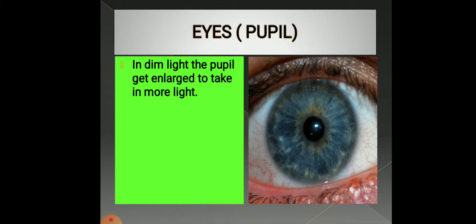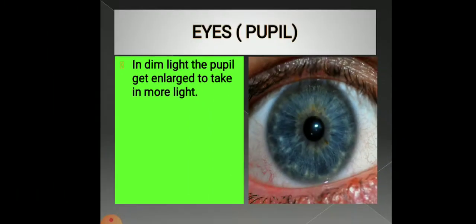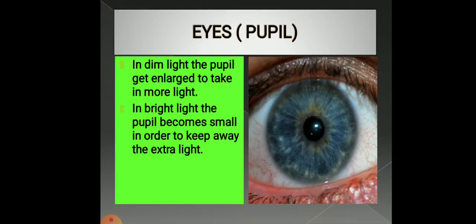In dim light, the pupil gets enlarged to take in more light. जब रात का टाइम होता है, बहुत कम लाइट होती है, तो हमारा प्यूपिल का साइज इनलार्ज हो जाता है to take in more light. And when the light is very bright, it becomes very small in order to keep away the extra light, because it can spoil our eyes. आपने देखा है ना, बहुत तेज रोशनी होगी तो हमारी आइज में प्रॉब्लम होने लग जाती है.